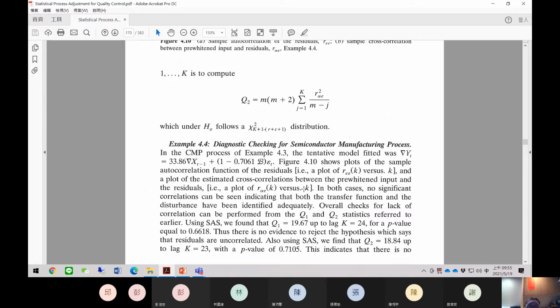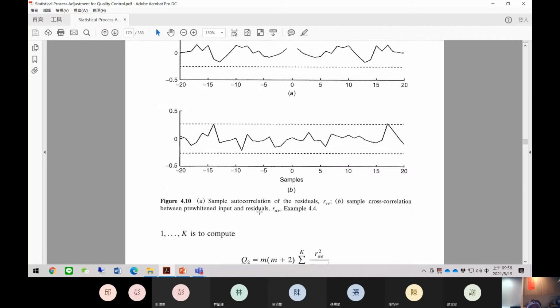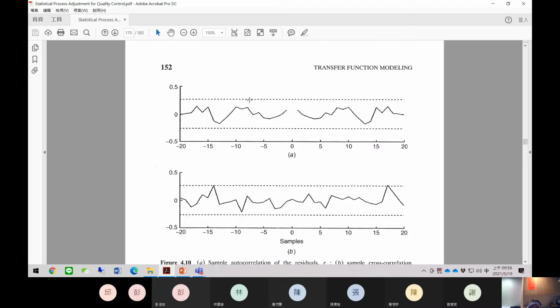Alpha is the input, epsilon is the residual of the output. In both cases, no significant correlation can be seen, indicating both the transfer function and the disturbance have been identified correctly, since none of them go beyond the upper and lower bounds.